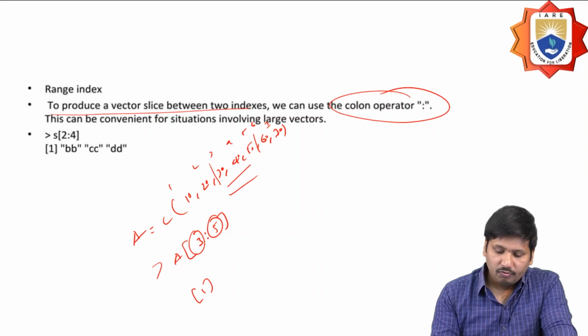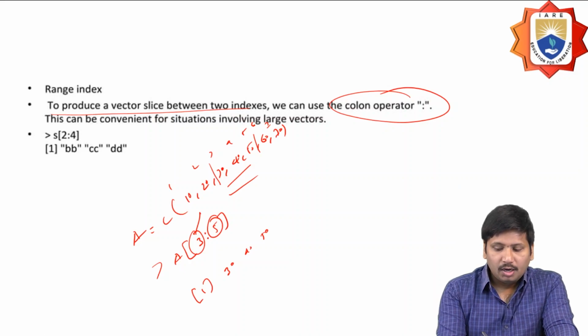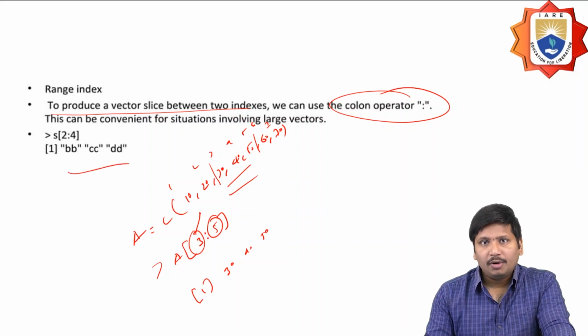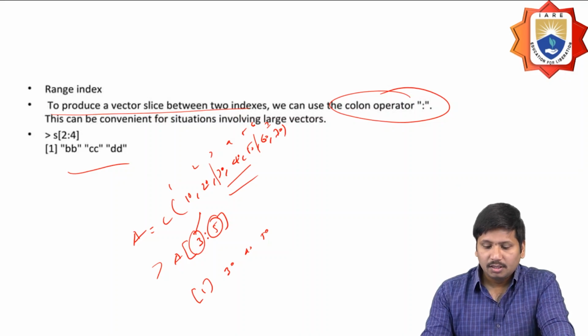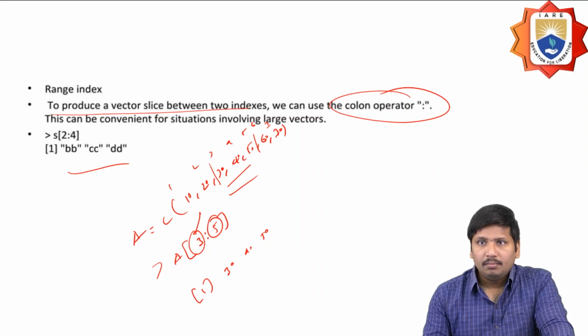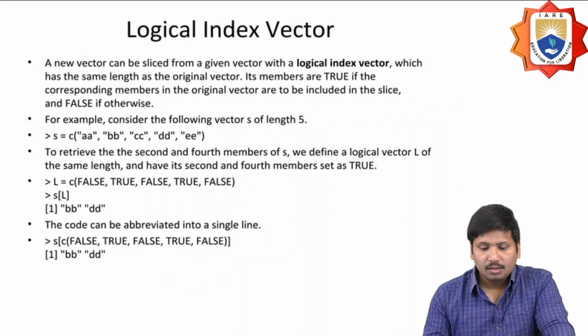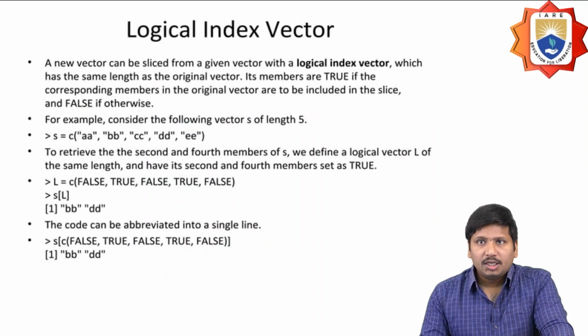So for that, what I'm going to write is 3 colon 5. The starting index is 30 and the ending index is 50. So 30, 40, and then 50. Okay. So like this, I can make use of this colon operator. Also, I can access some of the members of the vector.